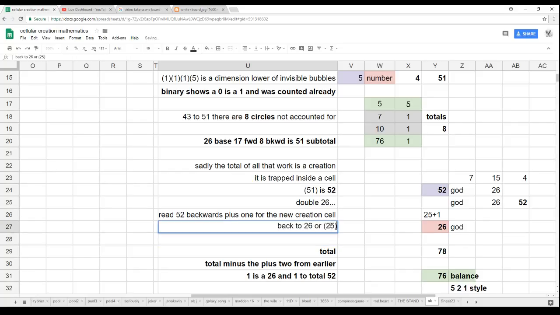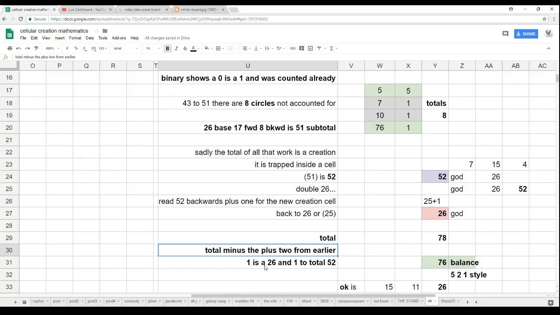Okay? So a circled 51 plus a circled 25 is a circled 76. It goes back to balance. Okay, so total minus 2 plus from earlier. The 2 from earlier. 1 is a 26 and 1 is a 52 because you're creating a new balance.